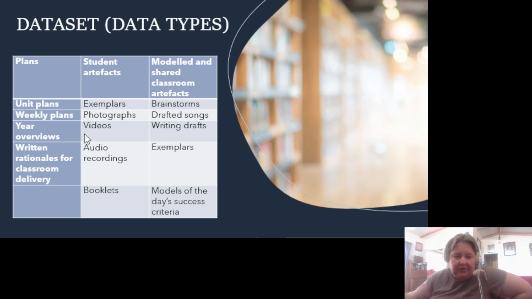Okay, if we have a look at the left column, those are your teacher-generated artefacts, your planning overviews, your rationales for classroom delivery, with the exemplar that was chosen for the pilot study.